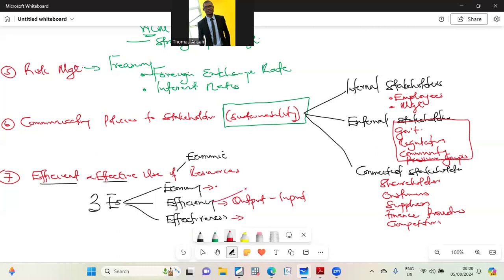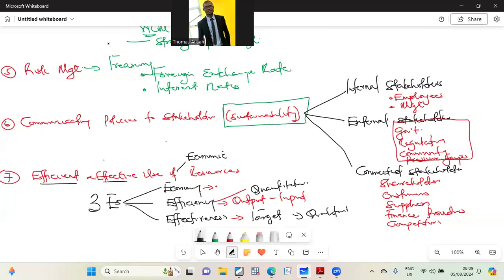So you see, this one is quantitative. Then effectiveness is about achieving your target. So it's about target achievement. So it's more qualitative. All right. So these are the functions of the finance manager.